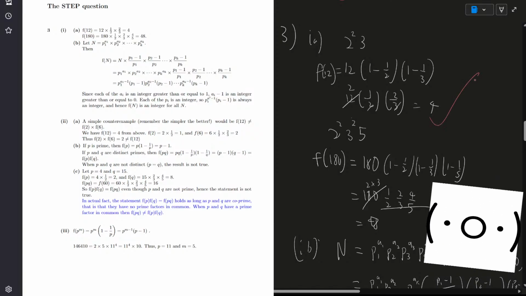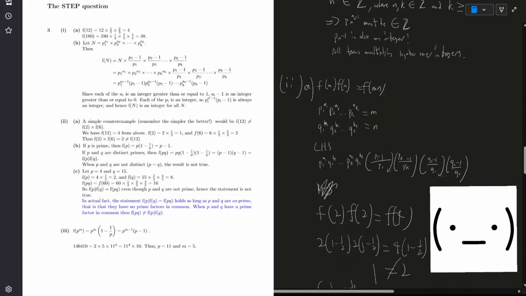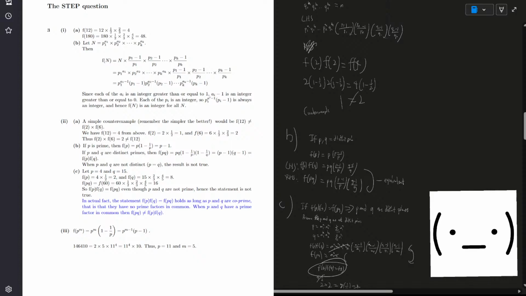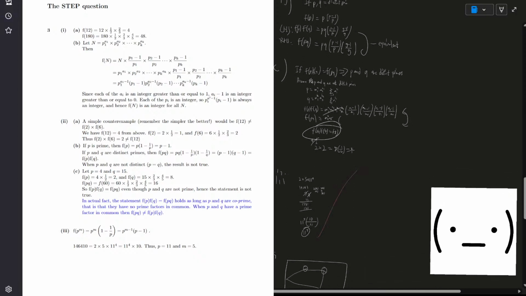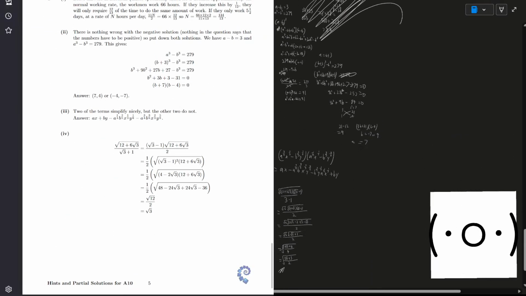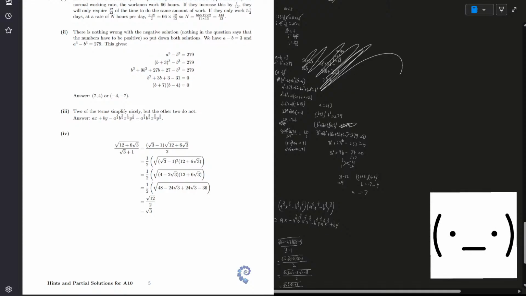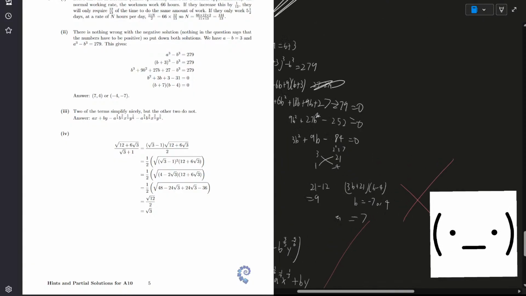Step 448. Oh, let's go check our lovely. Oh, fuck. Hmm.